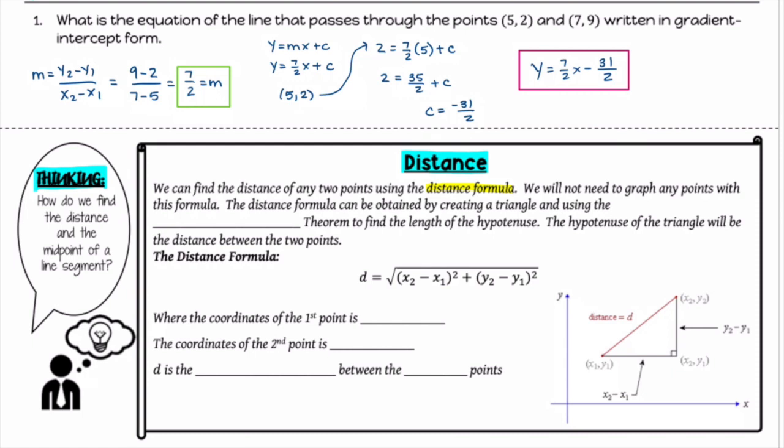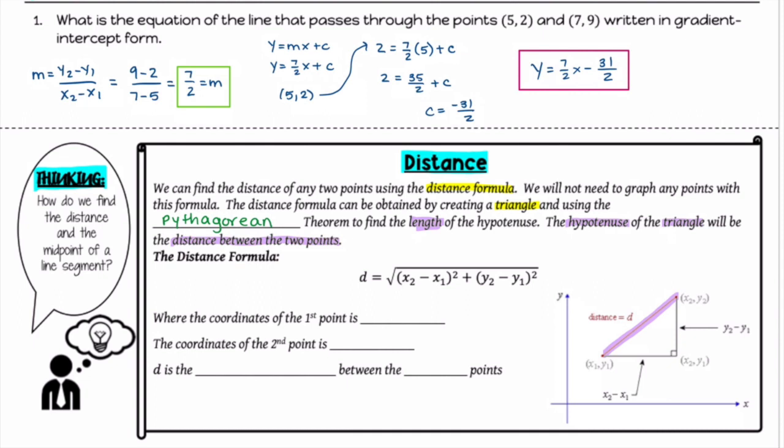The distance formula can be obtained by creating a triangle and using the Pythagorean theorem to find the length of the hypotenuse. The hypotenuse of the triangle will be the distance between the 2 points. Hence, here's the distance of our right triangle.